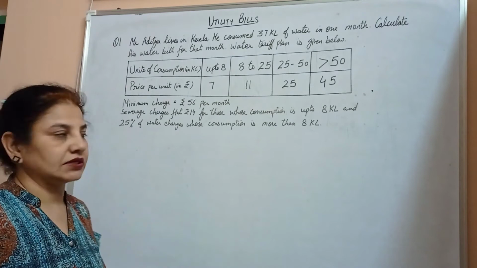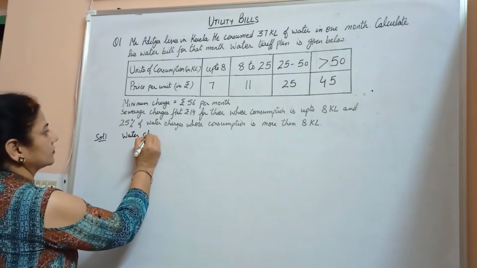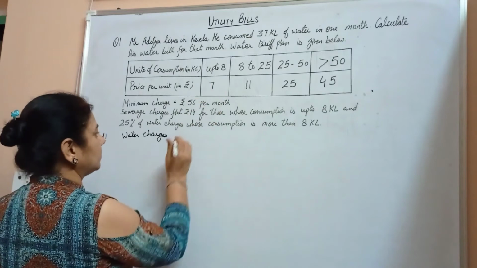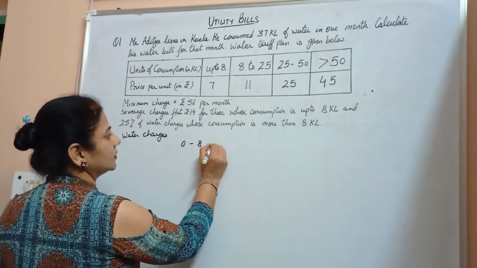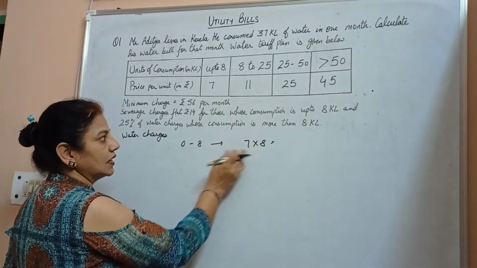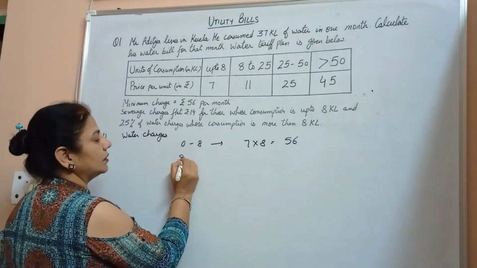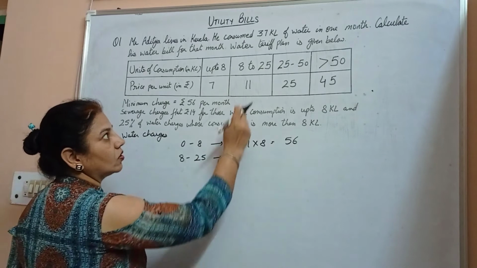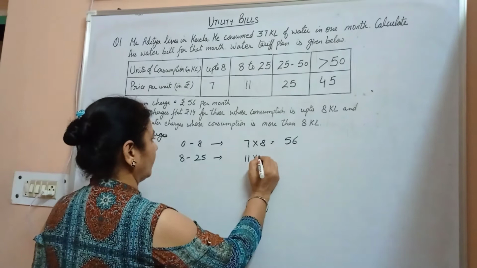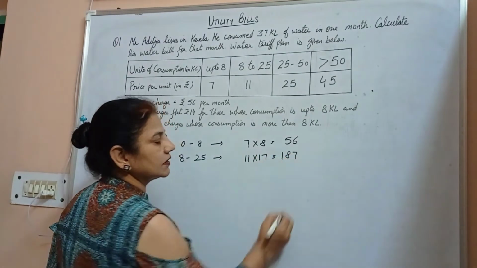First of all, we'll calculate the water charges. For 0 to 8 kiloliters, the cost is 7 rupees, so 7 into 8 is 56 rupees. Then from 8 to 25 kiloliters, the cost is 11 rupees. 11 into 17 comes out to be 187 rupees.